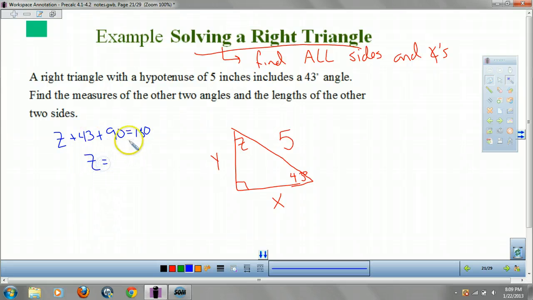So Z will equal 47 degrees. Okay. The other angle, I'll call it angle A, equals 90 degrees.